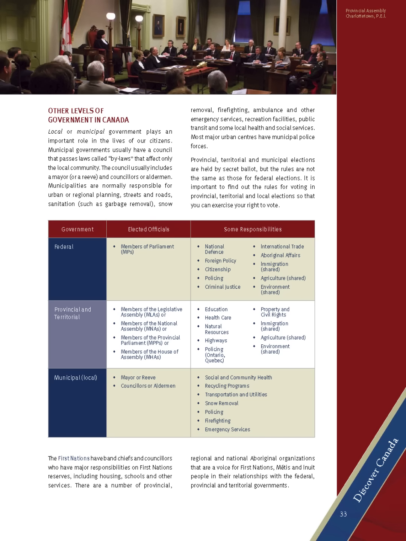Provincial and territorial: Members of the Legislative Assembly, MLAs, or members of the National Assembly, MNAs, or members of the Provincial Parliament, MPPs, or members of the House of Assembly, MHAs.